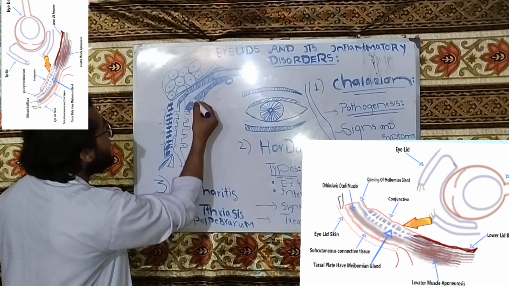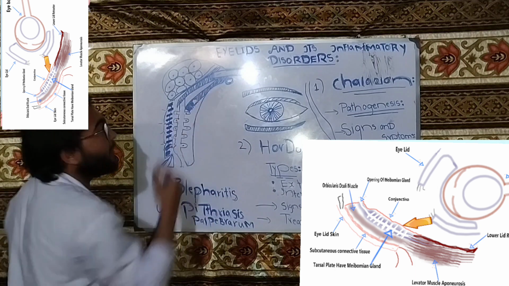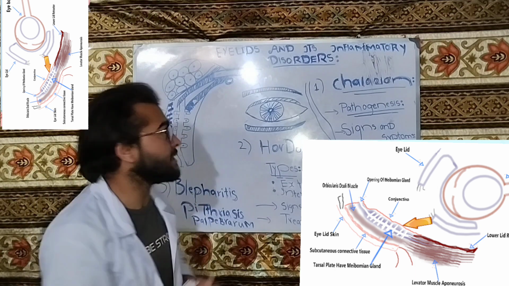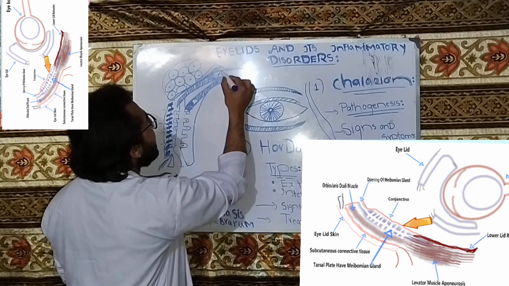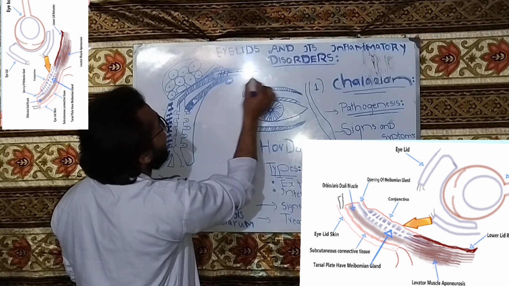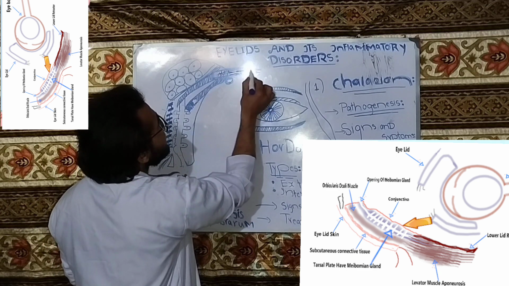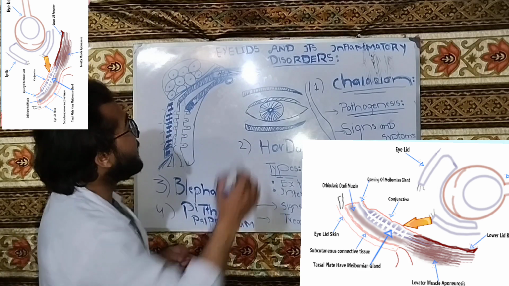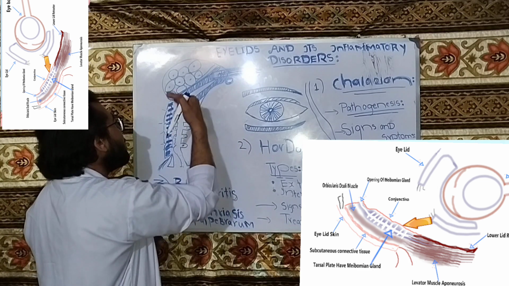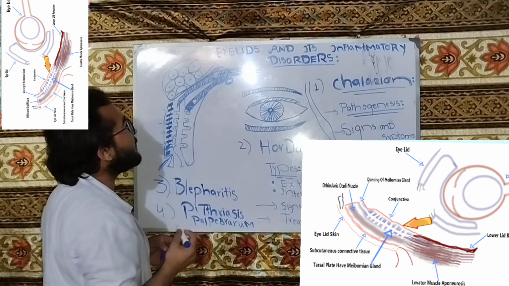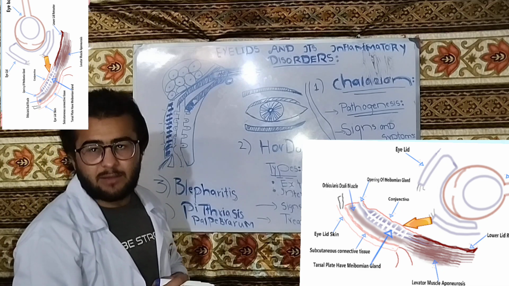Now the next structure is the aponeurosis of the levator muscle. This is the levator muscle, and this fleshy part is in the orbit, but the aponeurosis comes into the eyelid and forms a component of the posterior lamella.